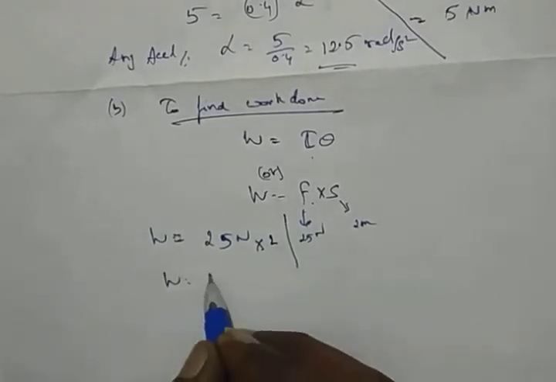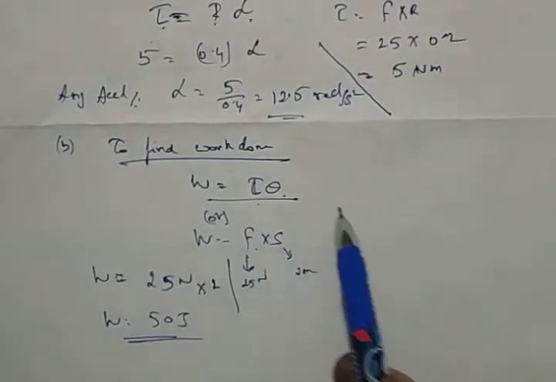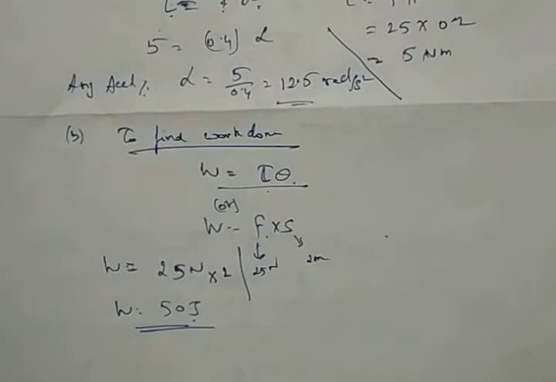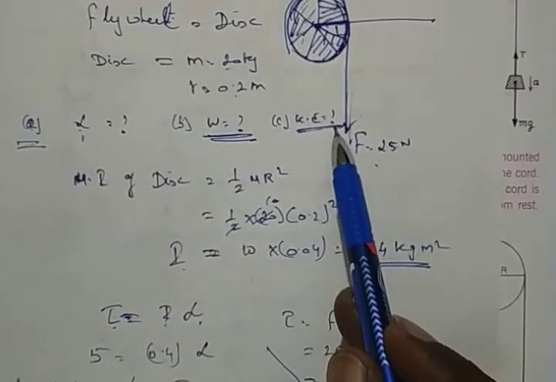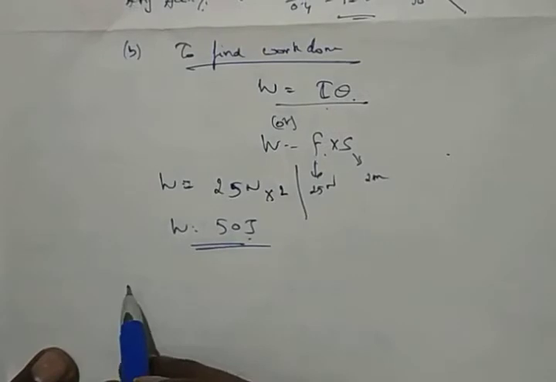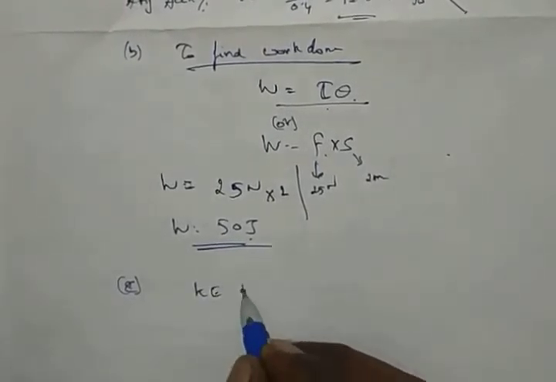So work done is going to be equal to 50 joules will be the answer. If we find theta, we can also try to find out what this tau theta becomes. It will become equal. So we'll do it a little later, and we can see the next question and then do it. Kinetic energy, you need to find out next. So C part is kinetic energy of rotation.